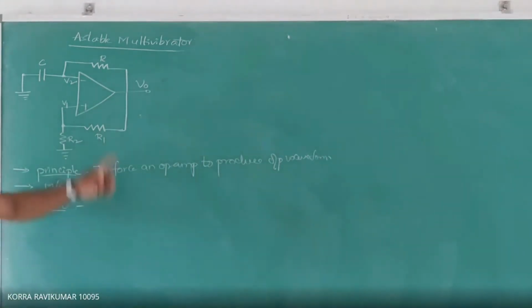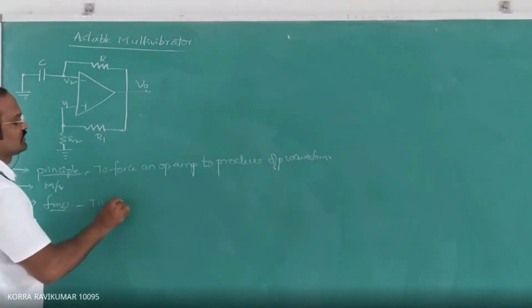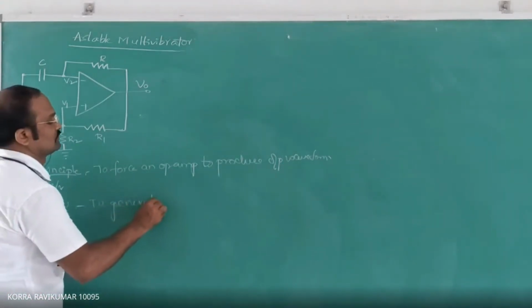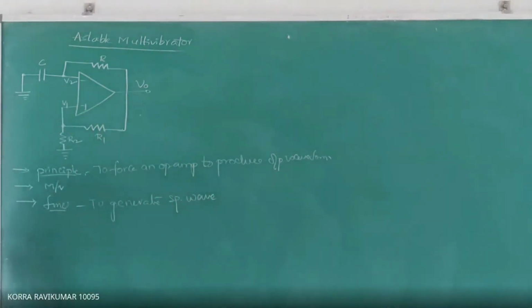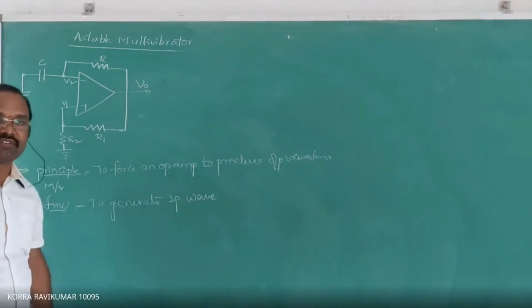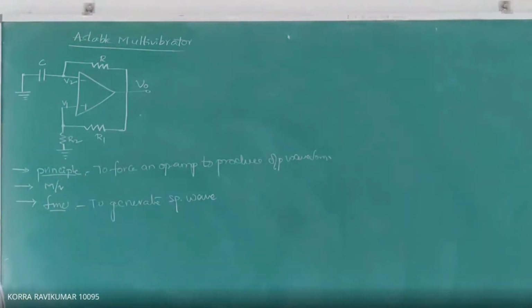The main functionality of the astable multivibrator is to generate the square wave without applying any input signal.